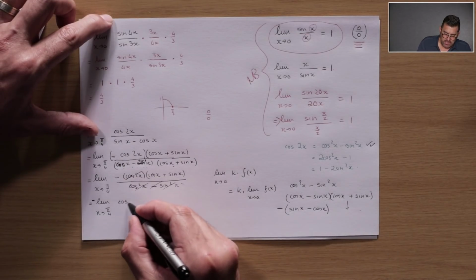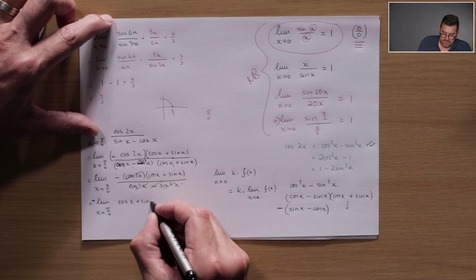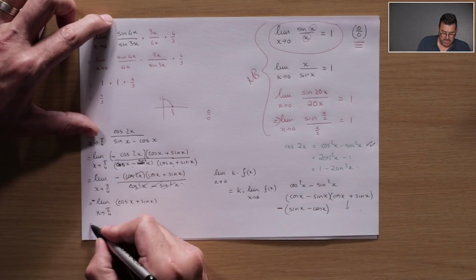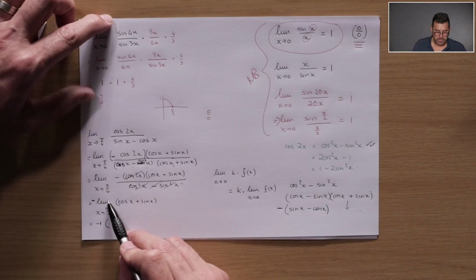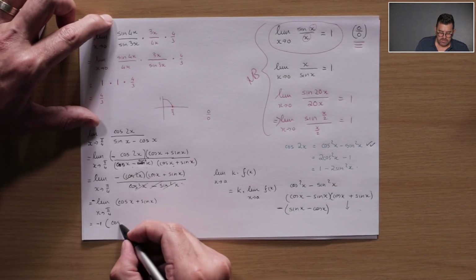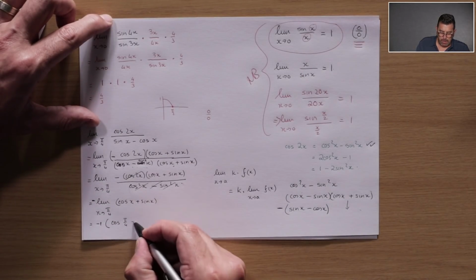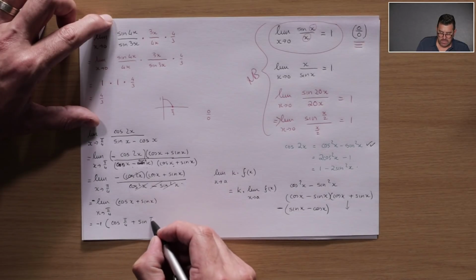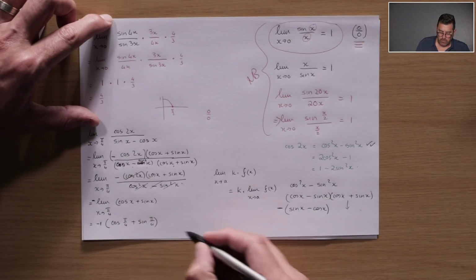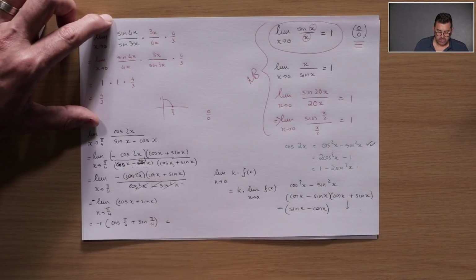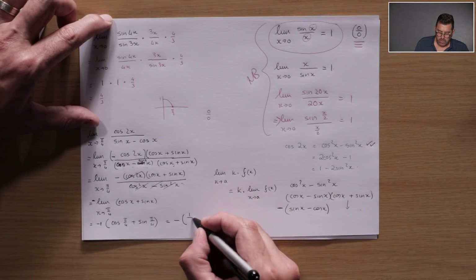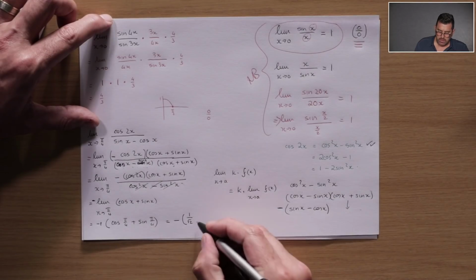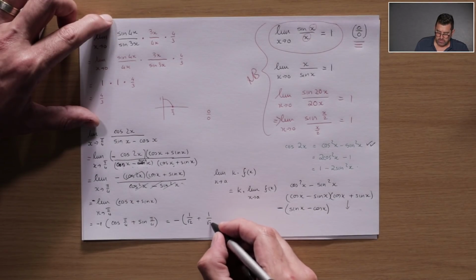Okay, now I'm ready to take the cos of x plus the sine of x. Okay, I know the minus 1 stays out. I bracket, drop the notation, the cosine of pi over 4 plus the sine of pi over 4. Now these are both special angles, so I have minus 1 over the root of 2 plus 1 over the root of 2.